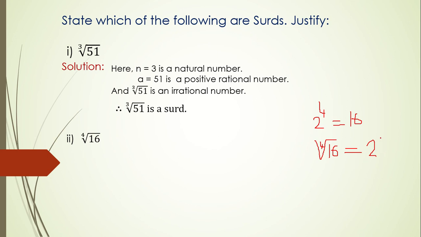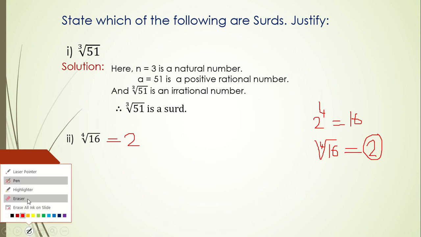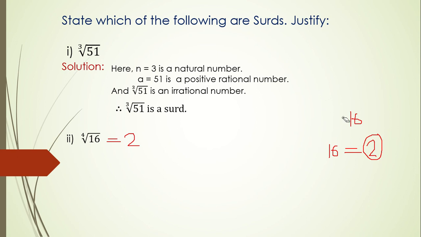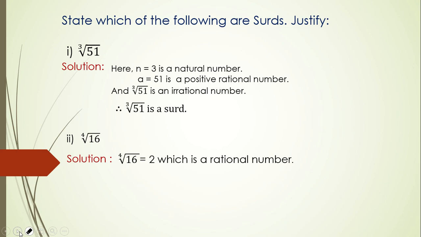So this is not an irrational number, right? 2 is not an irrational number. Fourth root of 16 is equal to 2, and 2 is not an irrational number. Therefore, fourth root of 16 is not a surd. So, fourth root of 16 is equal to 2, which is a rational number. Okay. Therefore, it is not a surd.